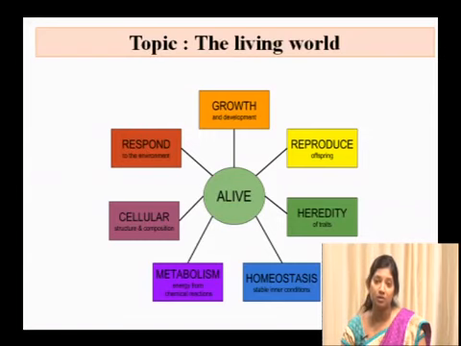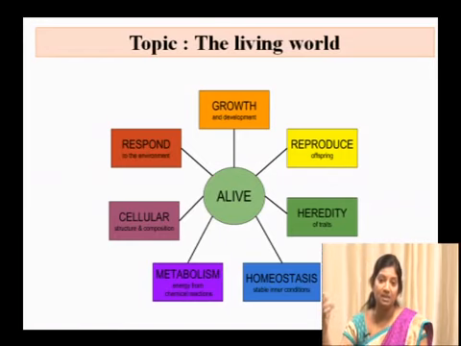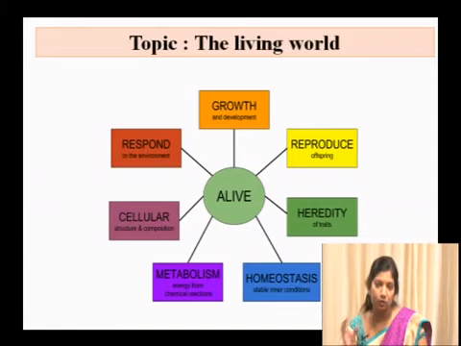Another very important characteristic feature of living organisms is, whenever there is some sort of stimulus, living organisms tend to respond to it. This is a very common feature which we generally see in plants and animals. A plant which is kept in a room where light is unilateral, that is light is coming from one side, you see the plant tends to move or it will curve towards that side.